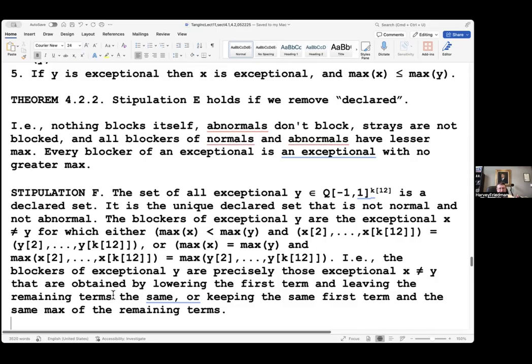So either you drop the max, which is the first term, and keep the same remaining terms, or you keep the same first term and keep the same max of the rest.